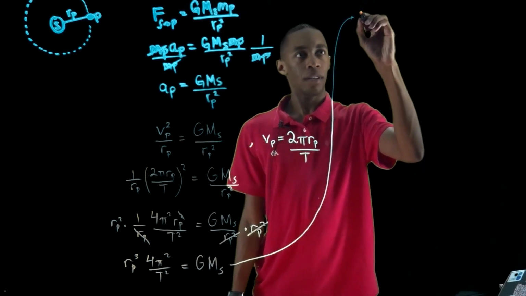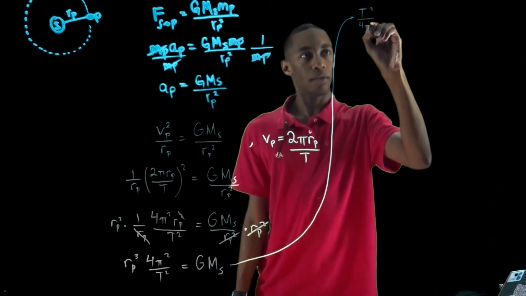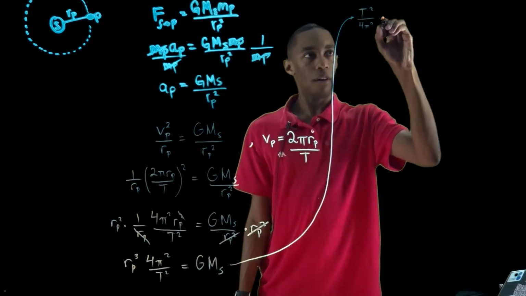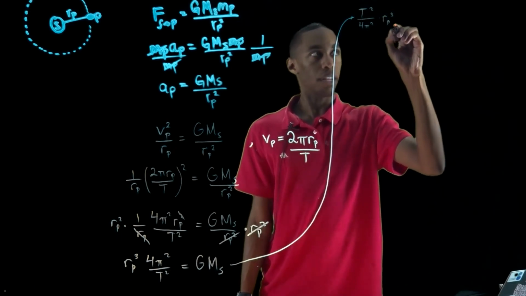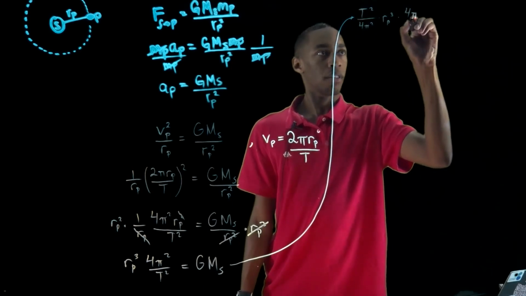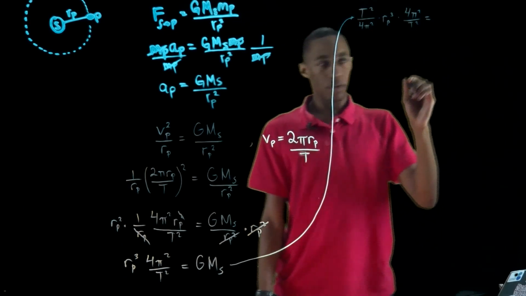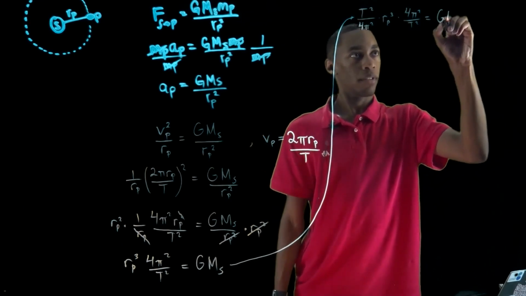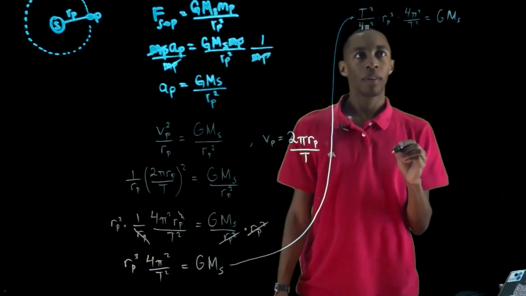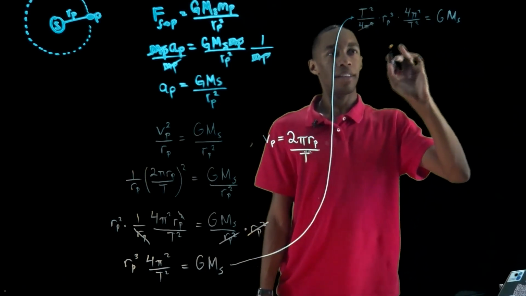It is T squared divided by 4 pi squared times the Rp cubed that's still down there, times the inverse of this thing, 4 pi squared over T squared, is now equal to G M S. Oh yes, I did say I had to do both sides.